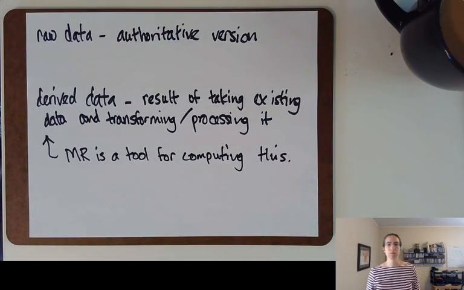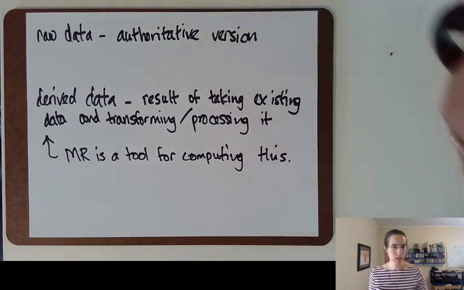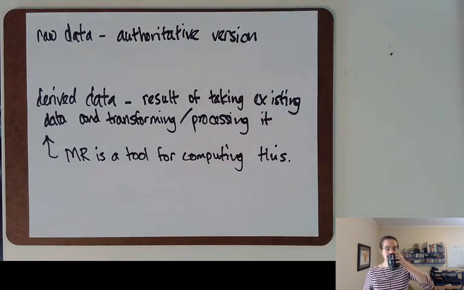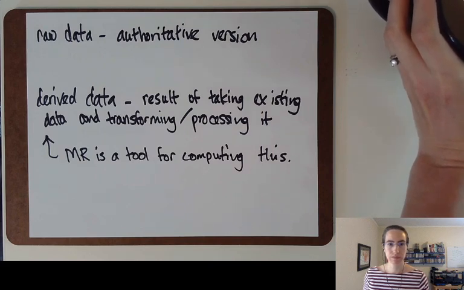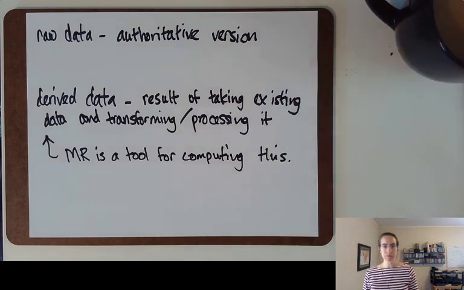So does anybody remember in the MapReduce paper, what is the first example that they give of derived data? Inverted indices, yeah.